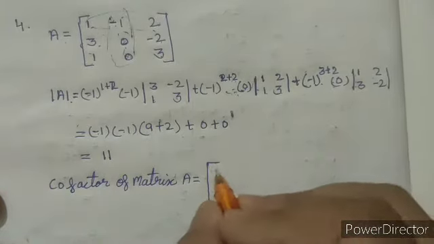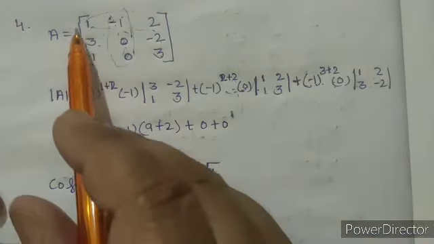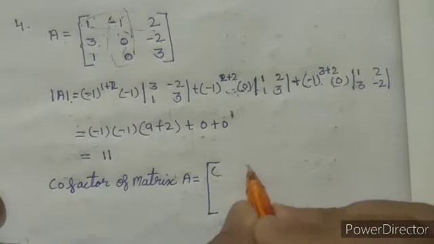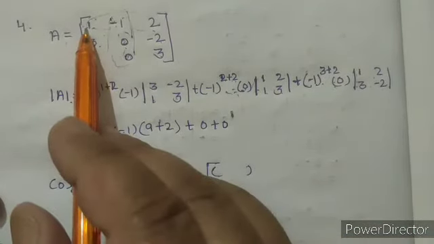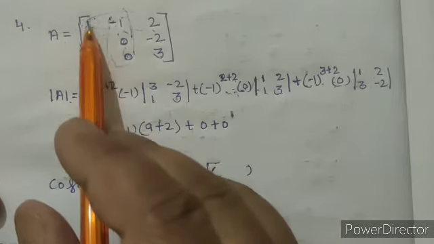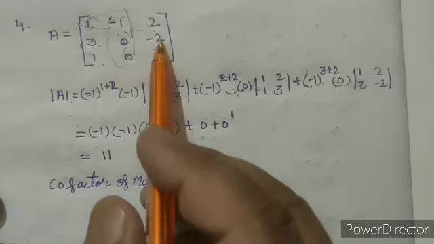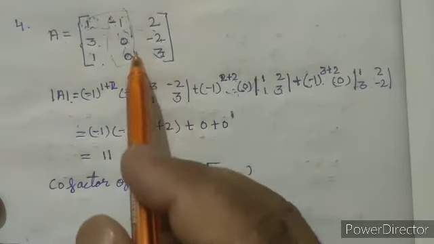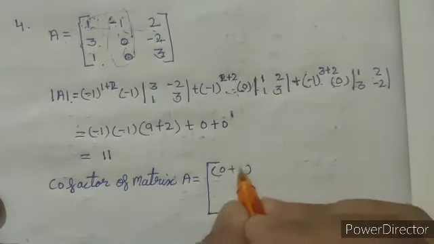Now here the cofactor of the first element will give us minus 1 raised to power 1 plus 1, that will be positive, into the minor of the first element, and the minor of the first element will be obtained by eliminating the row and column of the first element, and that will give us 0 minus 2 0 3, and this will be 0 into 3, which is 0, minus 0 into minus 2, which is 0, and that will give us 0 plus 0.